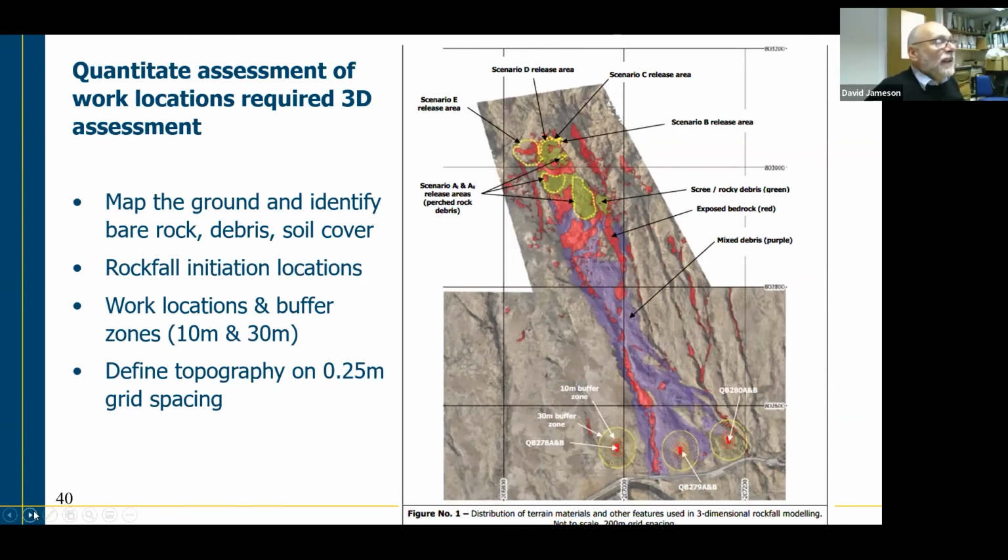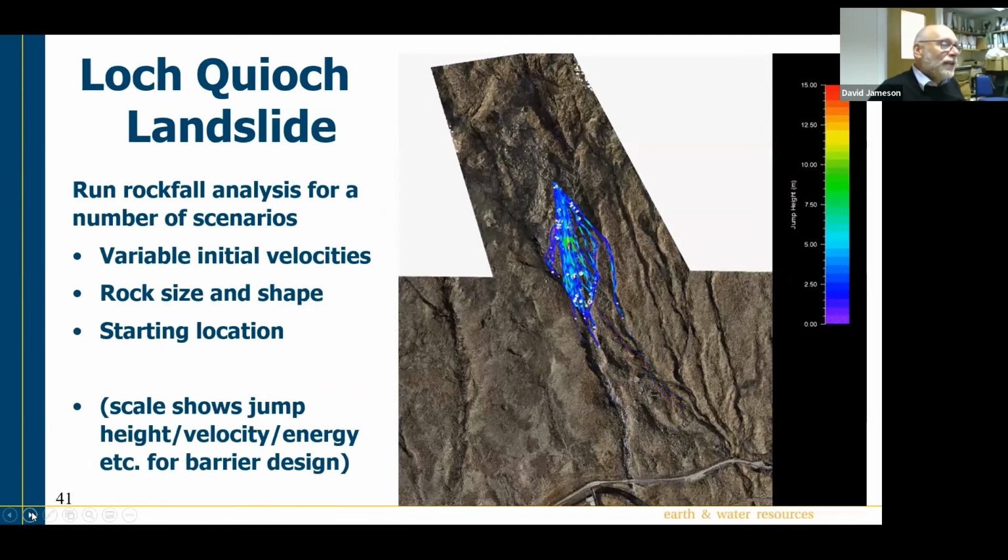So once you've defined your rockfall areas and the material characteristics, and of course we had some information from the back analysis of the previous failure, we were able to then do some rockfall analyses to see where the materials might flow. And of course, you need to have in this situation a 3D assessment, because the geometry is very much governed by the presence of all the gullies at the bottom of the slope.